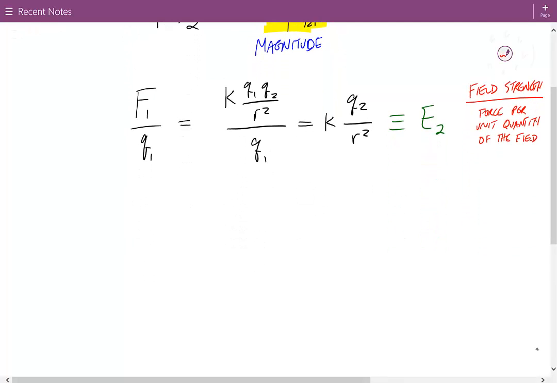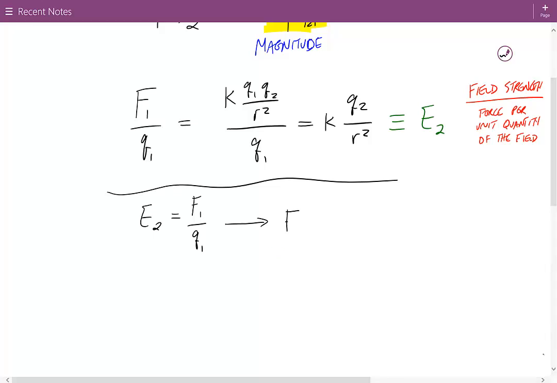And so we can rewrite things a little bit here. So the electric field of charge 2 will be realized that way, and we could write the force on charge 1 is going to be the product of that charge and the field that influences it.